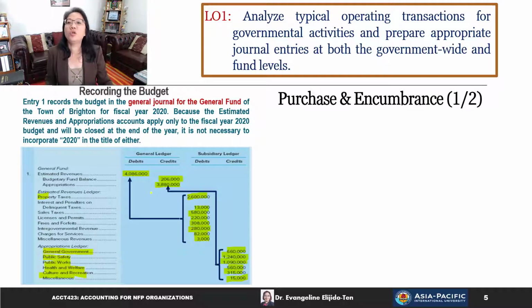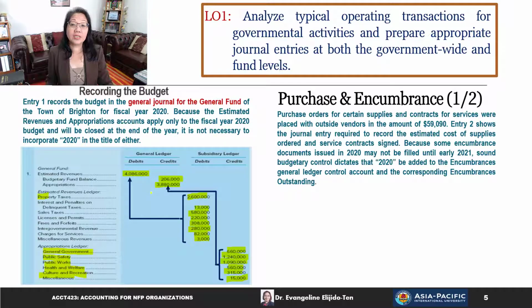Now let's move on to purchases and encumbrances. Purchase orders for certain supplies and contracts for services were placed with outside vendors in the amount of 59,090. You remember from topic 2, whenever we enter into a contract with our suppliers, we will already get that amount encumbered.